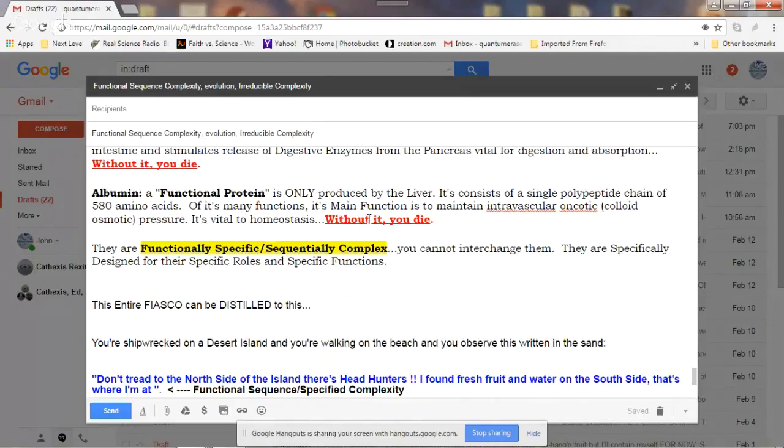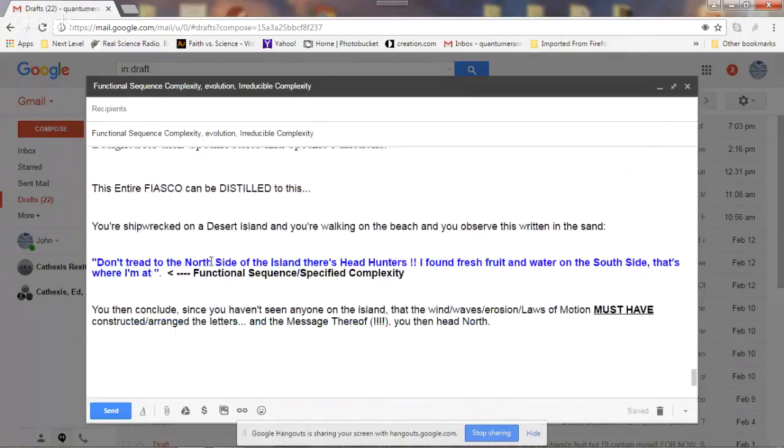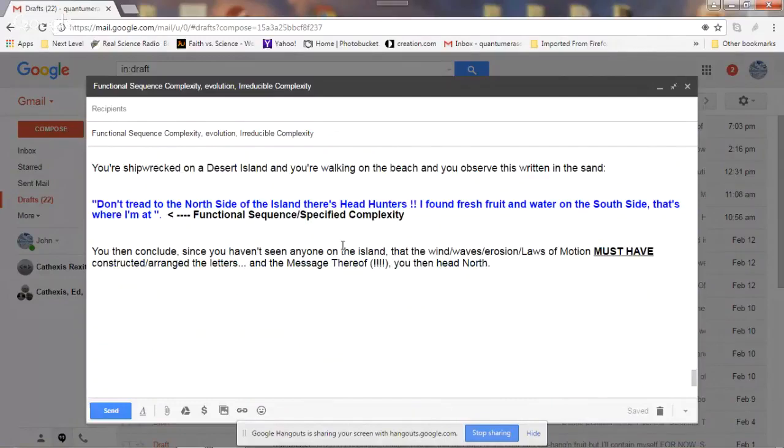Really, we can distill this all down, and I like to use this example. You're shipwrecked on a desert island, and you're walking on the beach, and you observe this written in the sand: "Excuse me. Don't tread to the north side of the island. There's headhunters. I found fresh fruit and water on the south side. That's where I'm at." See, that's functional sequence specified complexity.